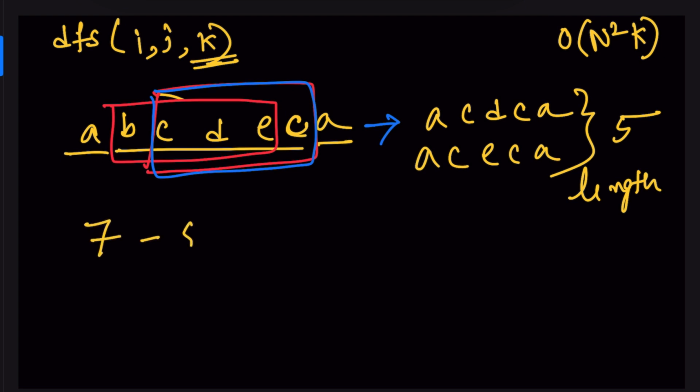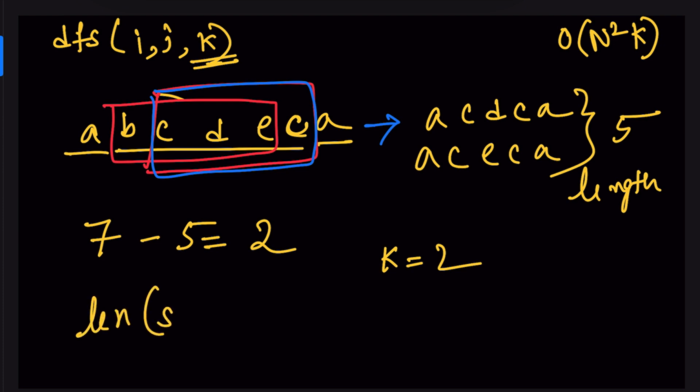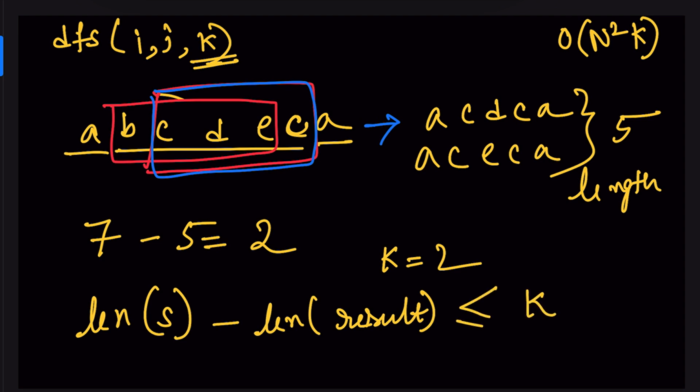So 7 minus 5 is 2, which means we have removed 2 characters from this string to make it a valid palindrome. And our k is 2. So basically, if we just check the length of this string minus the length of the longest palindromic subsequence we are getting, and if that is less than or equal to k, then we can say this is a valid K palindrome.